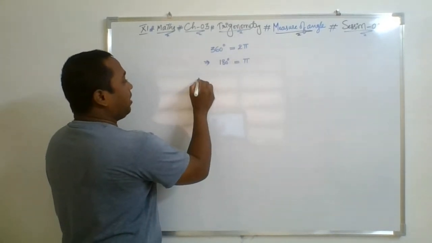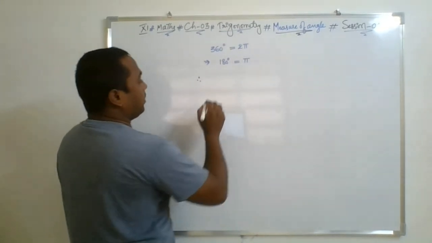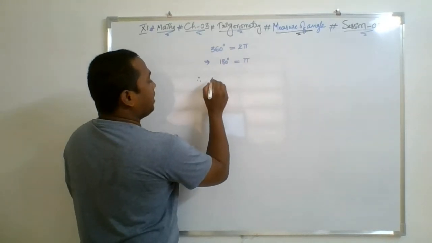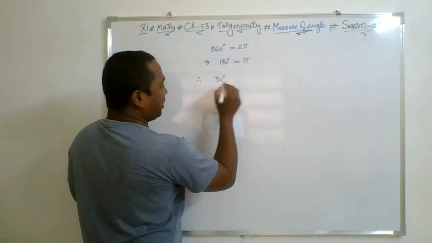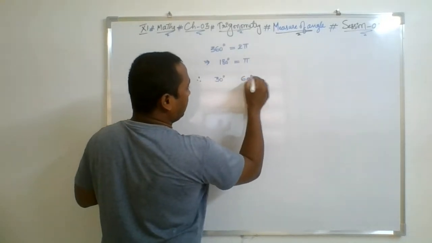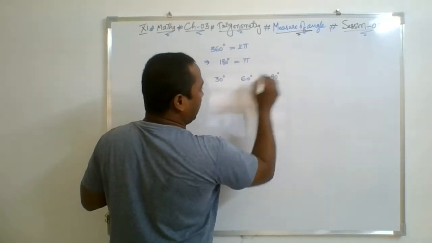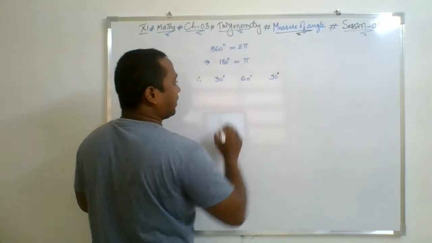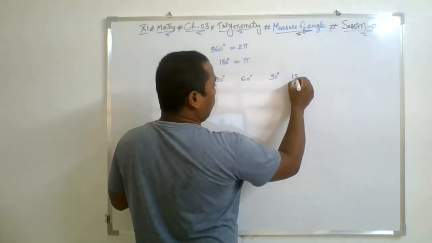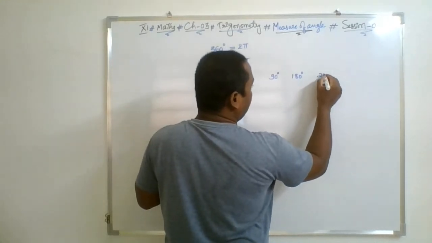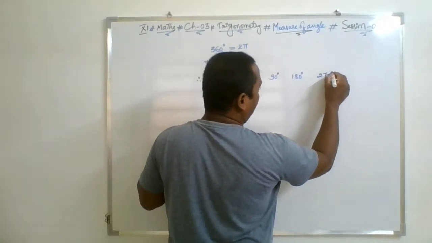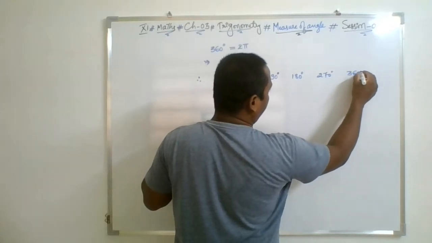If I want to write some degree angles, I write like 30 degrees, 60 degrees, which you used in previous classes, 90 degrees, 180 degrees, 270 degrees and 360 degrees. Correct.